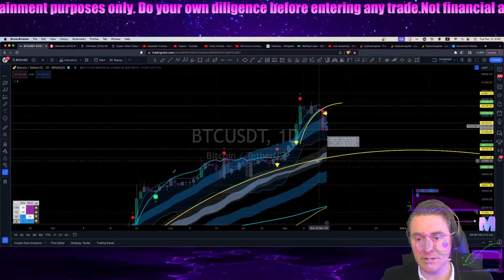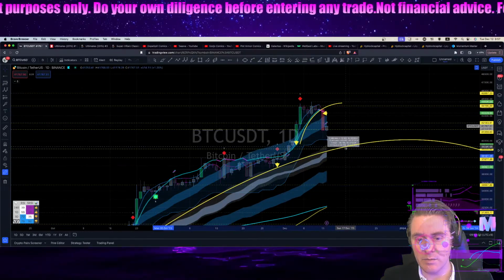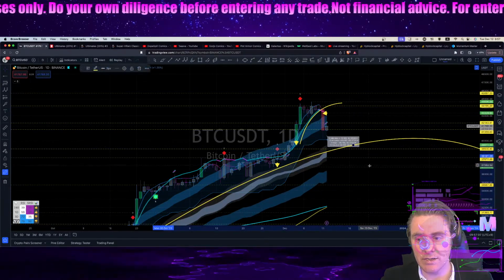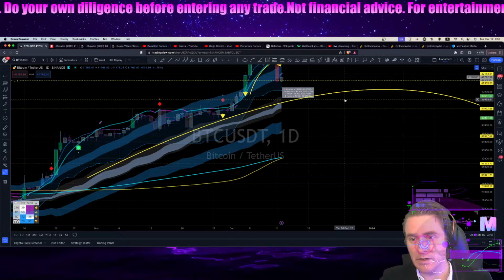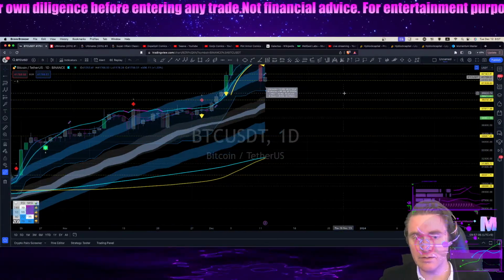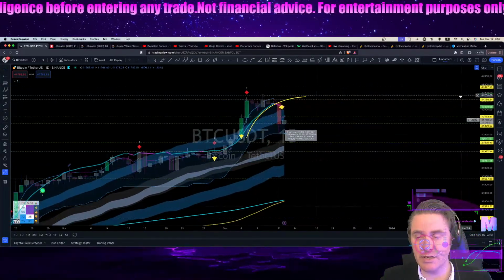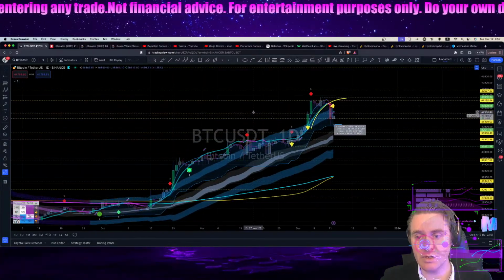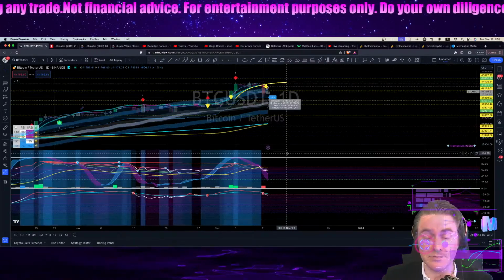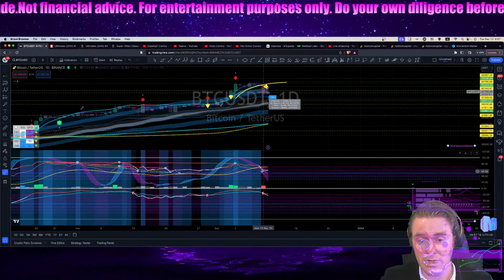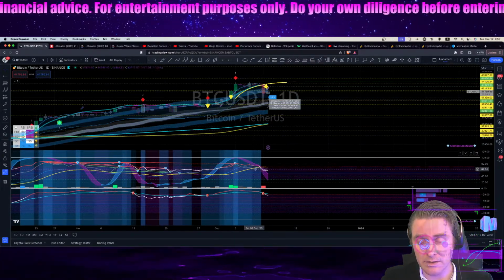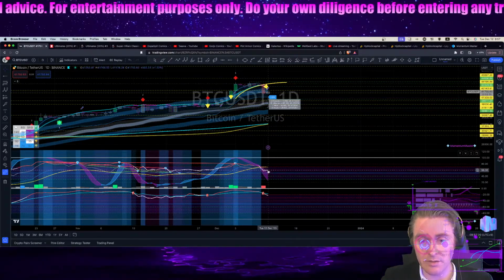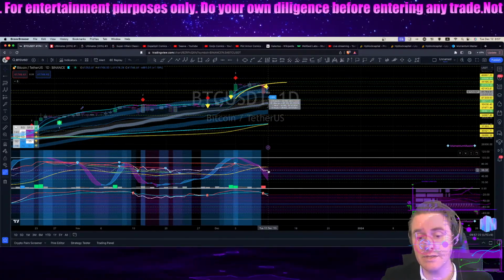The cloud is still pointing at a bullish 2 o'clock level. We're going to hold off on having this here until it actually starts to make a sign of curvature, still pointing up in that 2 o'clock bullish manner. On the daily time frame here, the money flow and the RSI are at even Steven levels.